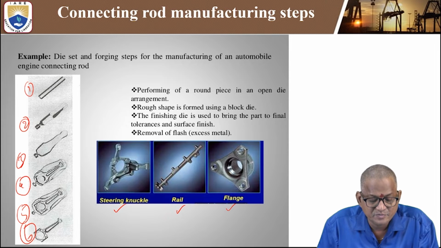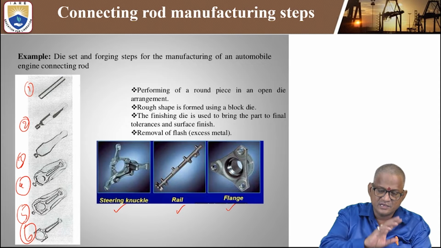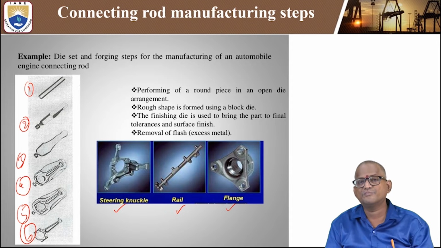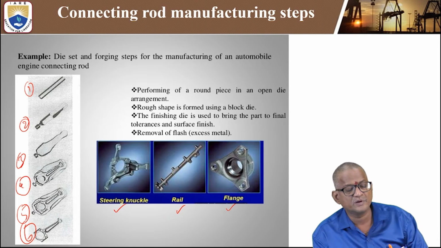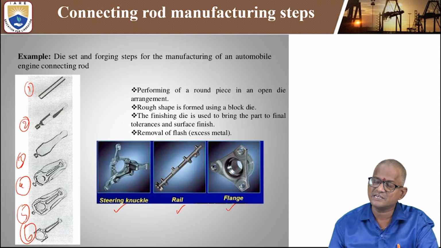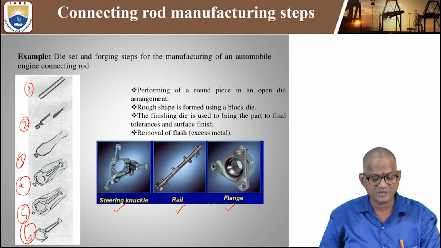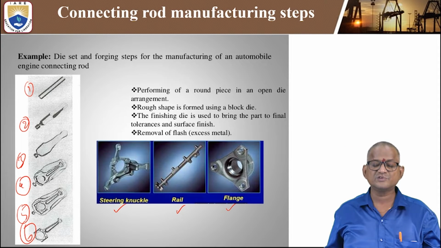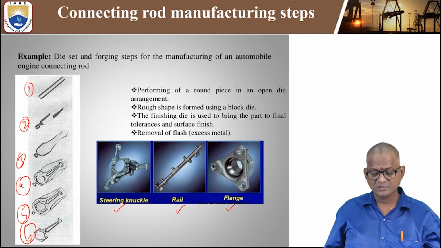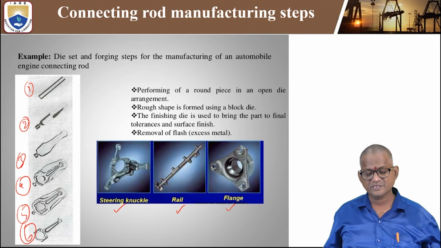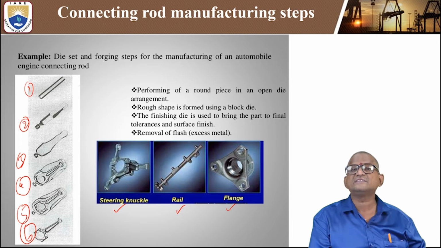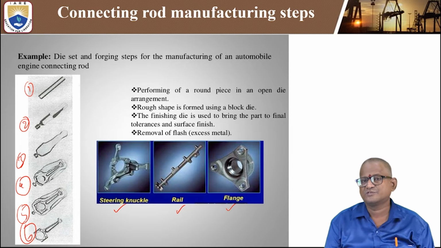Based on that, we identify the taper, and there you can do a blocking operation, and some edging may be done. Connecting rods are most widely made by the drop forging operation, which is the best application for it. Steering knuckle, rail, and flange are also most widely used in this drop forging process.